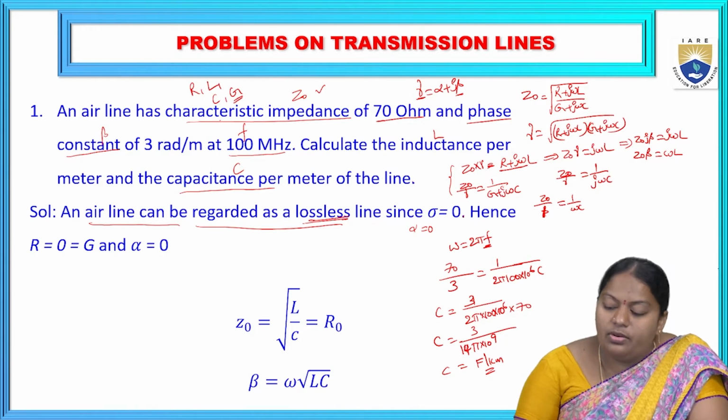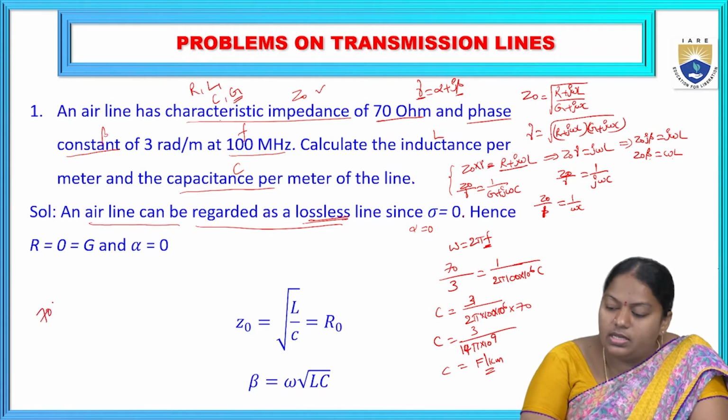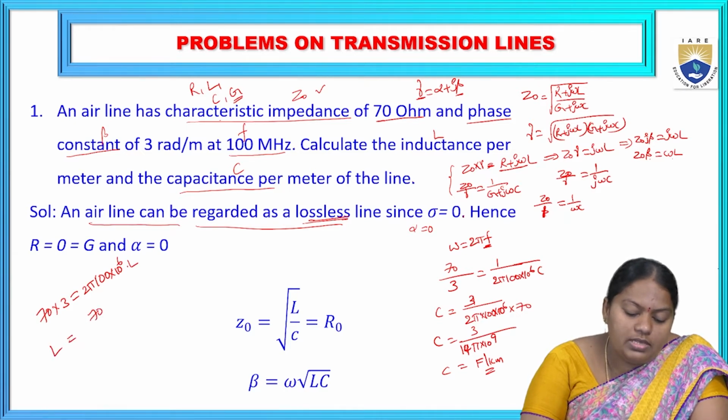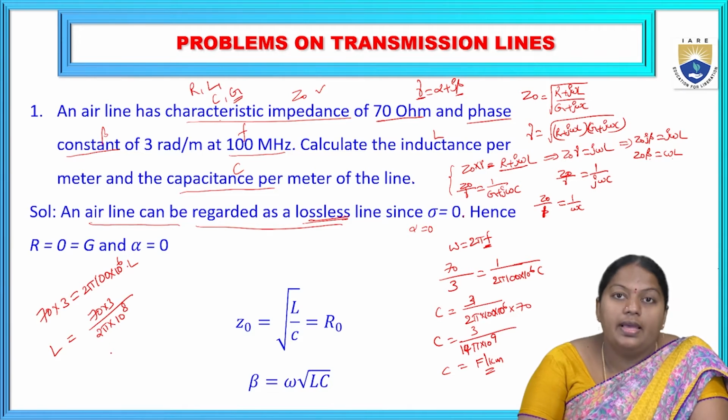So now, similarly, to find L, see what we have here: Z0 into beta equal to omega into L. Now substitute here Z0 as 70 into beta as 3, which is equal to 2 pi f, where f value is given as 100 megahertz, that is 10 power 6 into L. Now from this, L is equal to 70 into 3 by 2 pi into 10 power 8. 100 becomes 10 square, 10 square into 10 power 6 becomes 10 power 8.